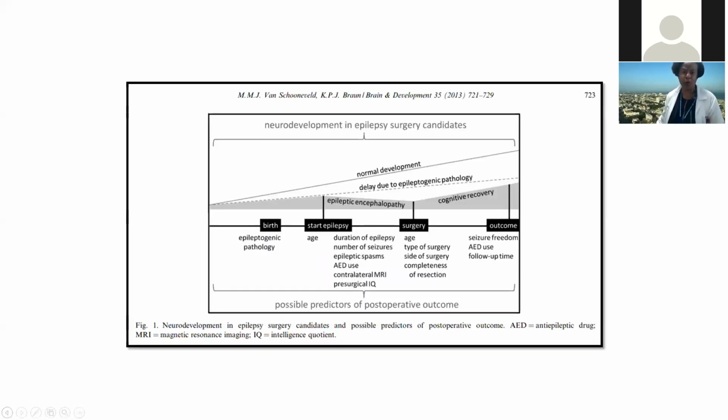So this is one of the models that are out there to explain the different pathways of development that children who have epilepsy can follow, okay? So here we have a child who doesn't have epilepsy, okay?